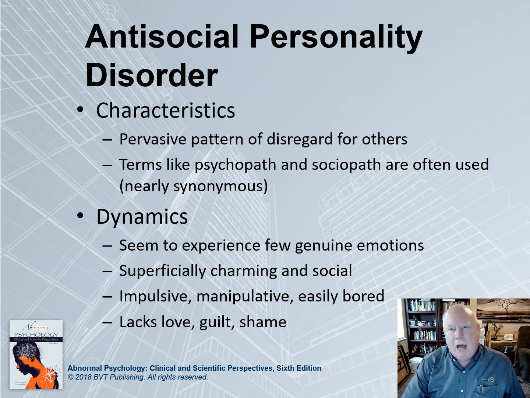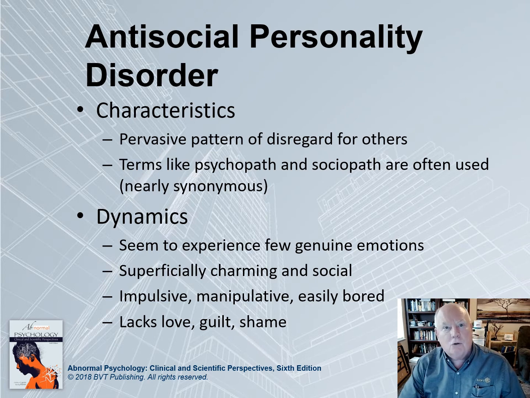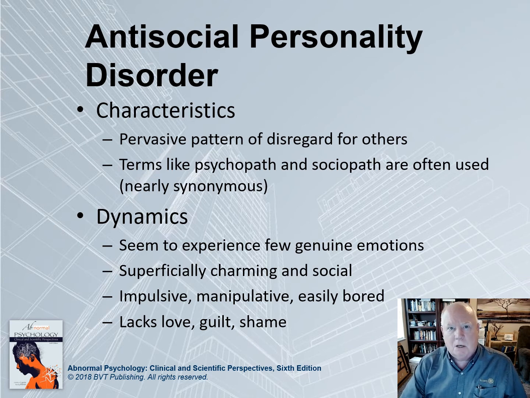These people lie, they cheat, they steal. They don't really care about other people. We use terms like psychopath and sociopath to refer to these individuals, and that is nearly synonymous with antisocial personality disorder, but it's not quite synonymous.